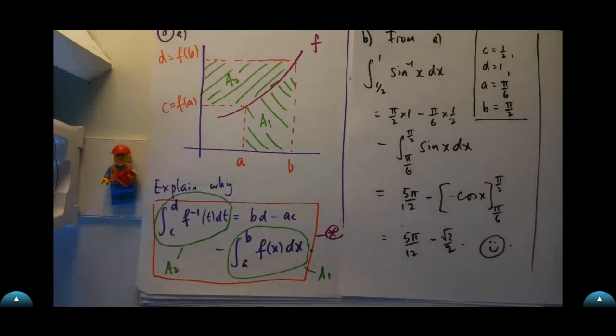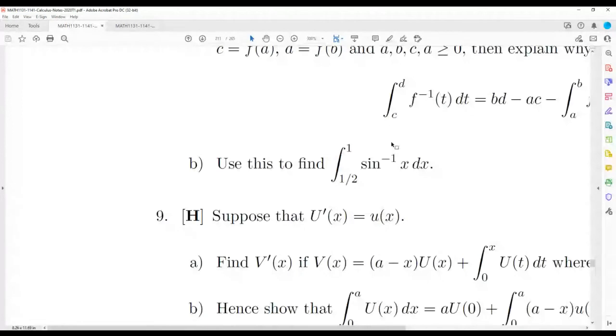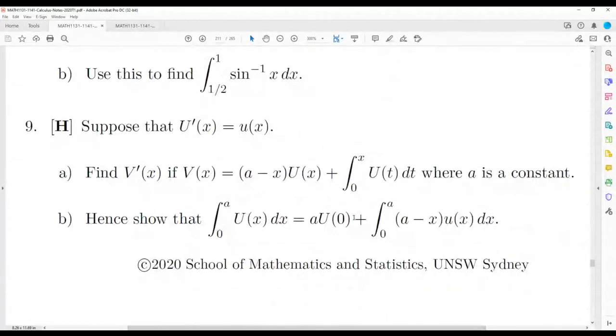Okay, so let's have a look at another one. Question 9. That's also a H question. All right, question 9.